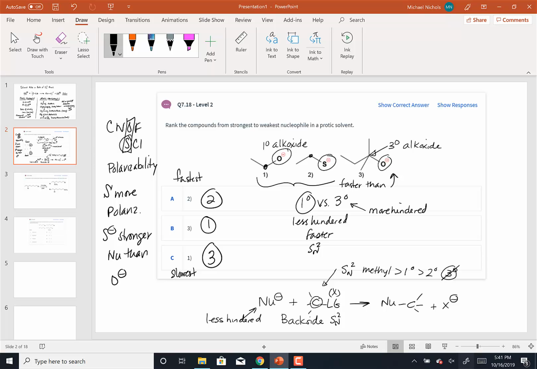Number 1, the alkoxide, would be second fastest. And that would be how we would rank these three nucleophiles, taking into account first steric hindrance, and then the polarizability difference between oxygen and sulfur.